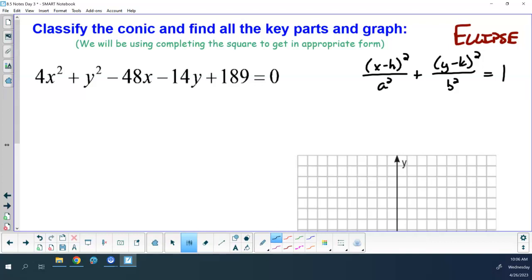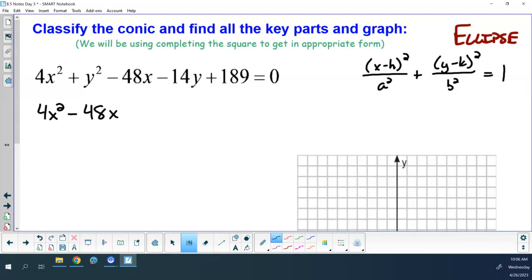So the first thing that I'm going to do is take my rather large and lengthy equation and split it up. I'm going to group it so that like things are near each other. So I would first take this and say that this is 4x squared minus 48x.